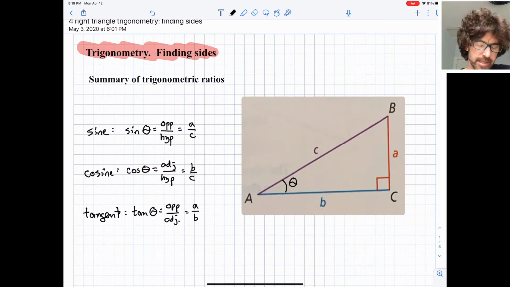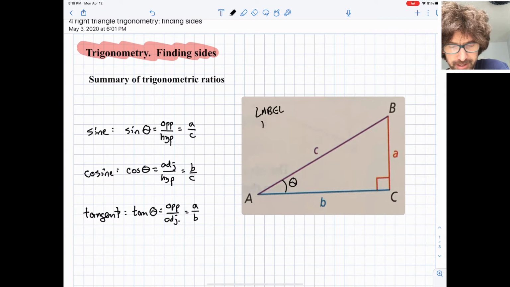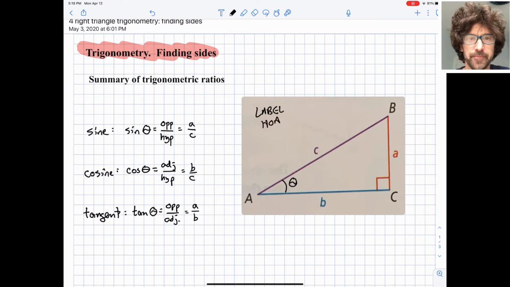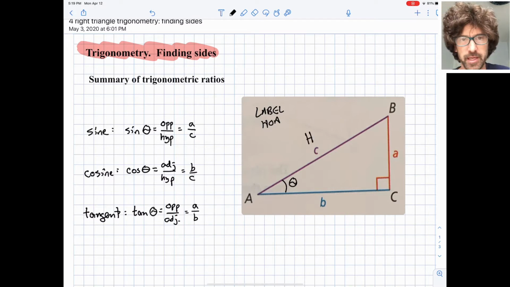The first thing I like to do, when I'm given the angle we're working with, theta in this case, is what I call labeling HOA. H stands for the hypotenuse, so we label the hypotenuse with a big H. O stands for opposite, the leg opposite the angle we're working with.